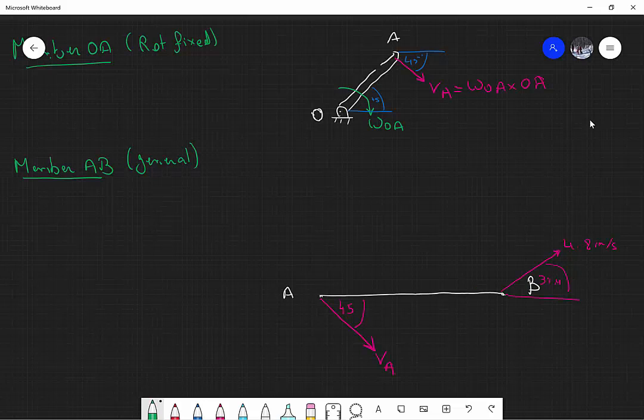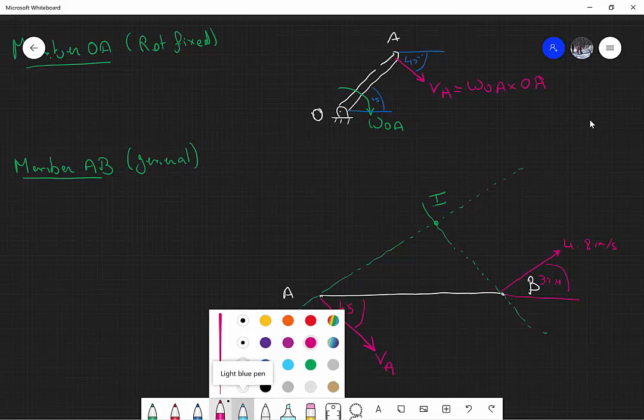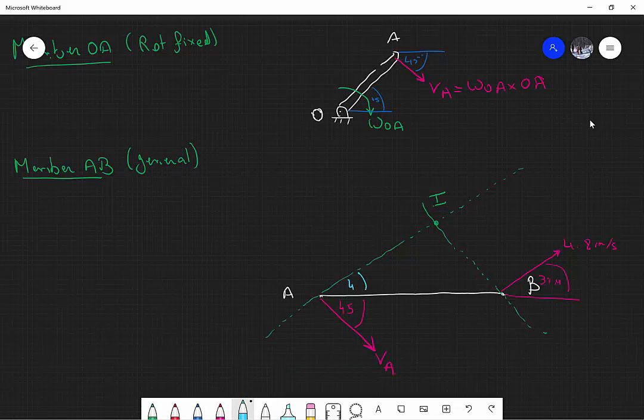Now we can do the following. We can take a perpendicular over the first velocity and a perpendicular over the second velocity. They intersect here, so this is the point I, meaning the instantaneous center, the center at this instant exactly. Since this is 45, the remaining angle will be 45.